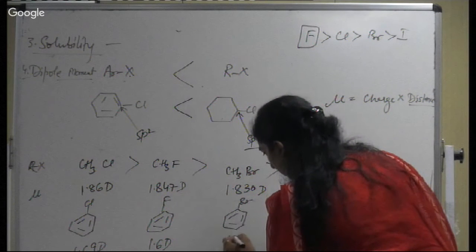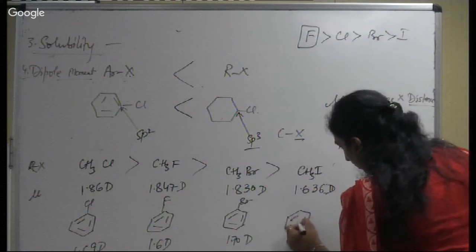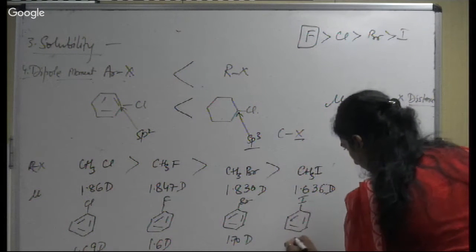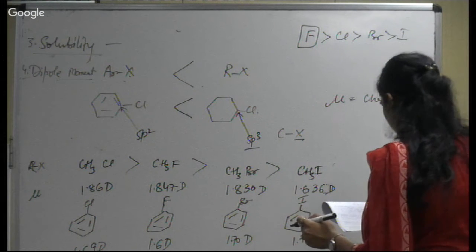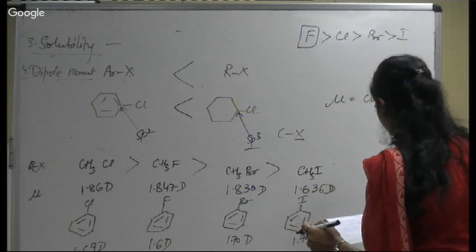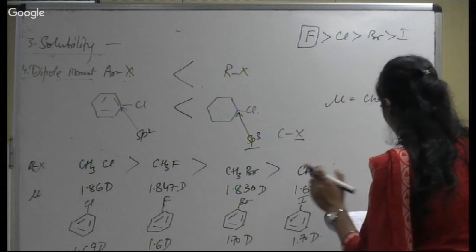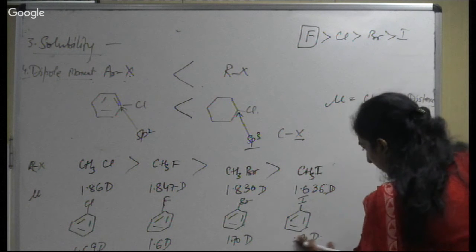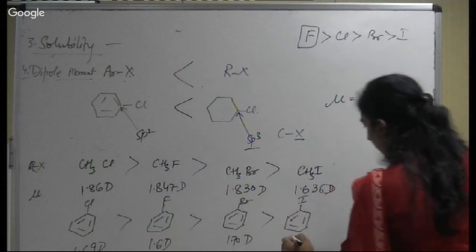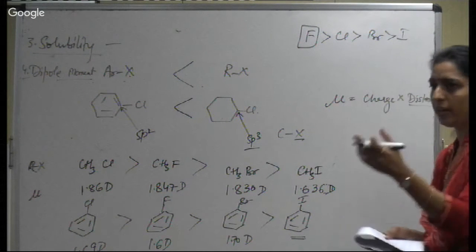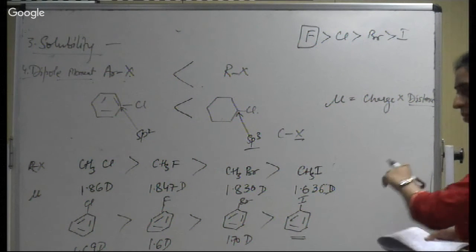For bromo, maybe I have written the smaller value. I need to check the value, but the order is this only. The exact value I'll tell you, you might have that in your notes. Do you have the value? 1.7 for the iodo compound also.